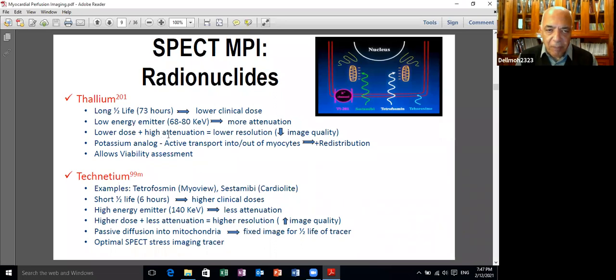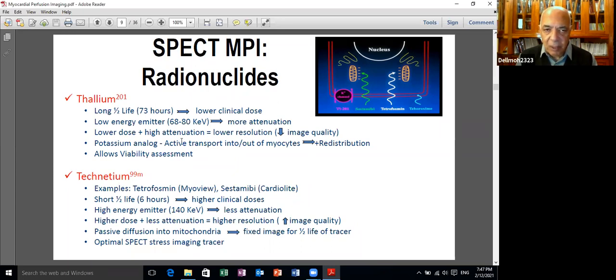than the resolving power of the gamma camera. In association with that, we are giving a lower dose because we don't want to have much irradiation because of the long half-life of the tracer. So if we give a lower dose and we have a lower energy, it results in lower resolution of the image and a diminished image quality.